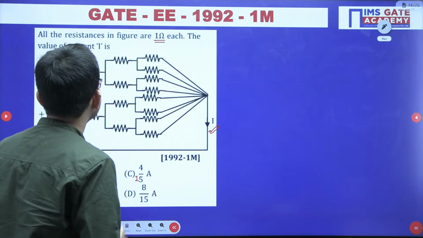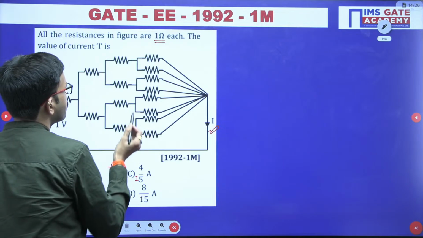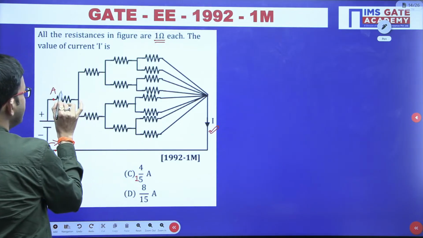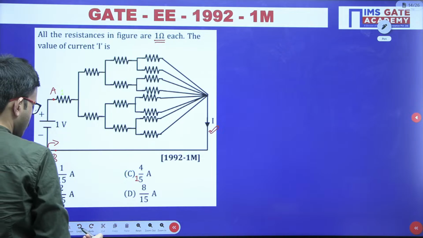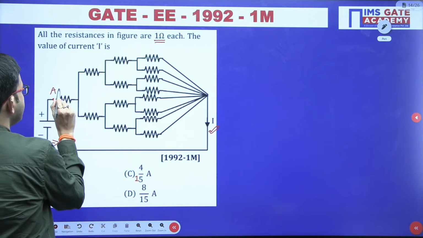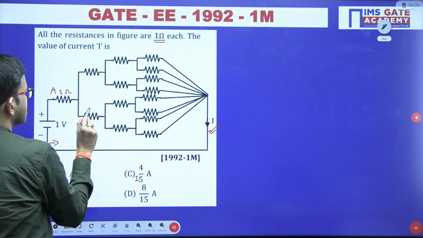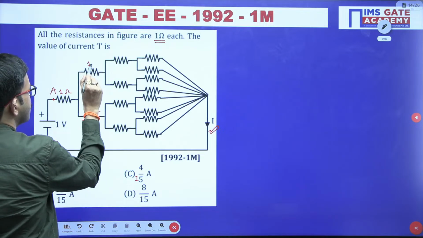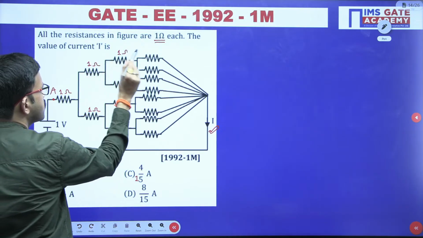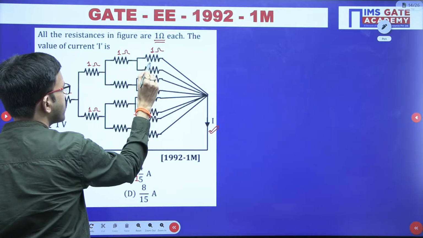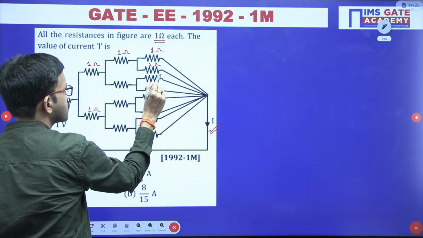First of all, just observe here, all the resistance values are 1 ohm. In the given circuit, all the resistors are 1 ohm only.